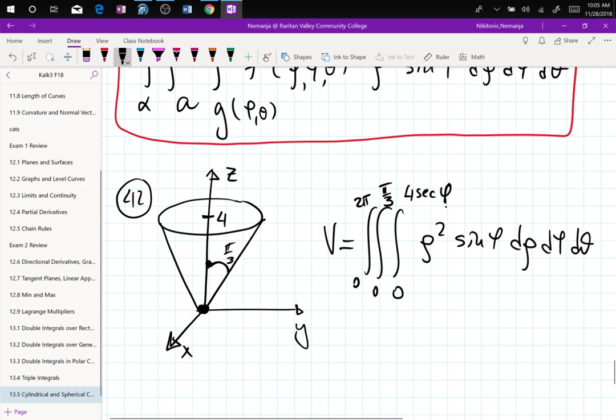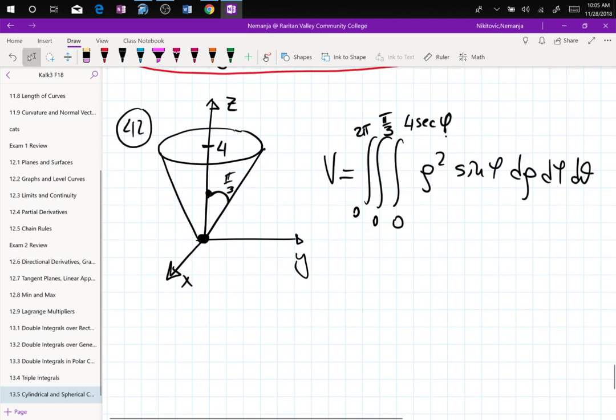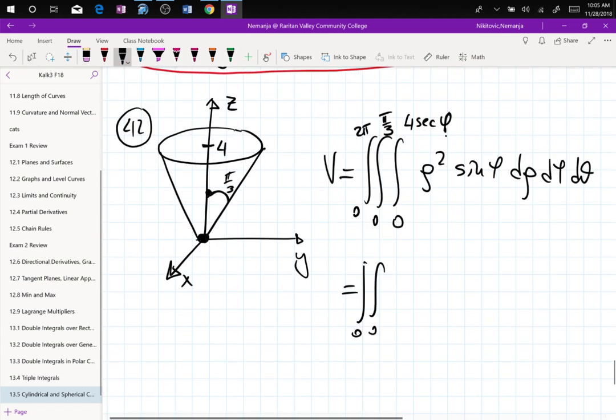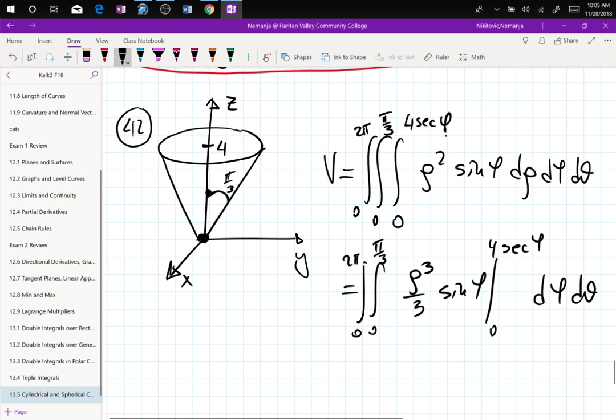So we have the rho integral first. Sine phi is a constant, so don't worry about it, just copy it. We have the integral from 0 to 2 pi, 0 to pi over 3, rho cubed over 3, sine phi, and then rho from 0 to 4 secant phi. We still have d phi, d theta to deal with. You will plug your secant phi into rho, get secant cubed phi.